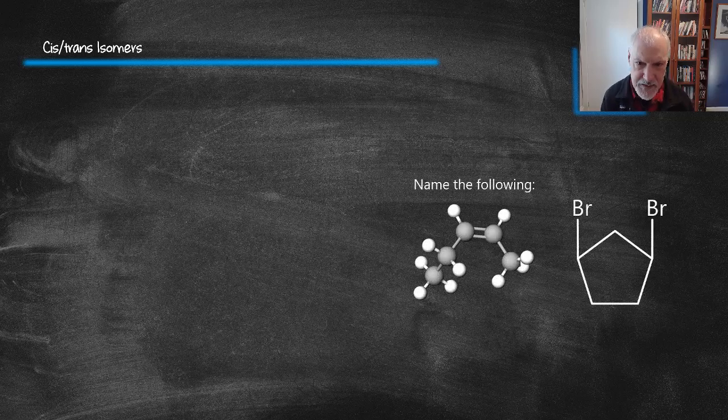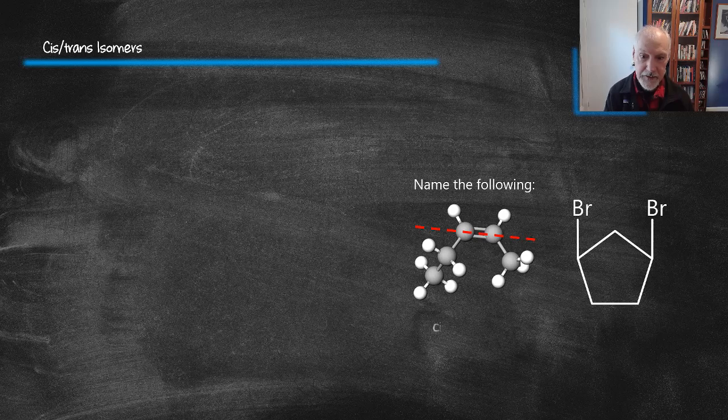Let's look at a couple of questions involving our knowledge of cis and trans isomers. Let's try naming the following. The first thing I notice about the molecule on the left is it's a 5-carbon chain, so I begin with pentane. Having a double bond in it, pentene. Numbering from the end closest to the double bond, pent-2-ene. Now comes in the cis or trans variation. Here's my reference plane across the carbon-carbon double bond, and I can see that the carbon chain extends itself on the same side.